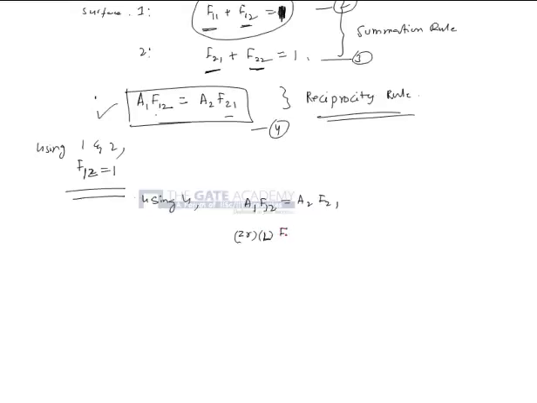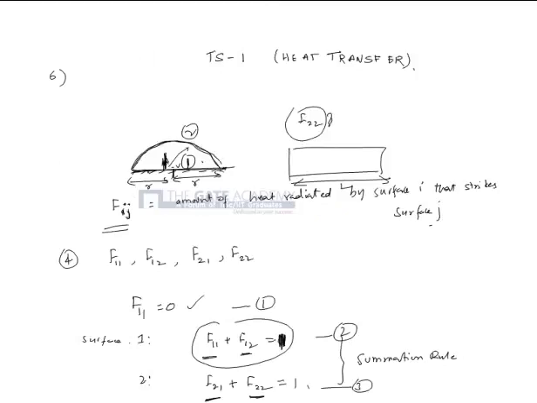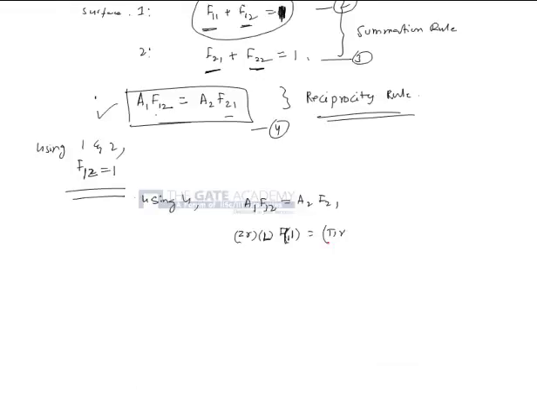F12 you can directly substitute as 1 because we got it as 1, and A2, because it's a semicircle, will be pi r into length. So you can easily find F21, which comes out to be 2 by pi because L and L cancel.